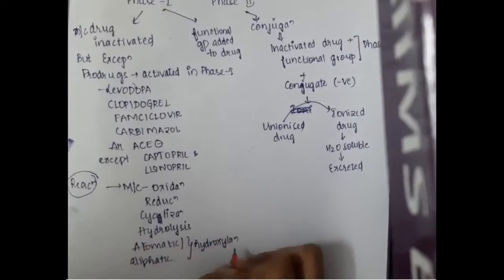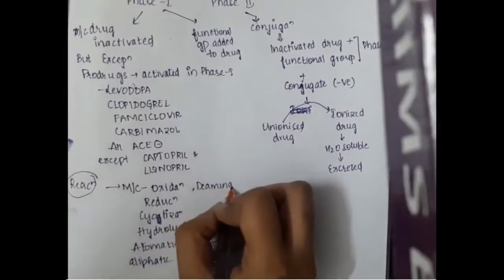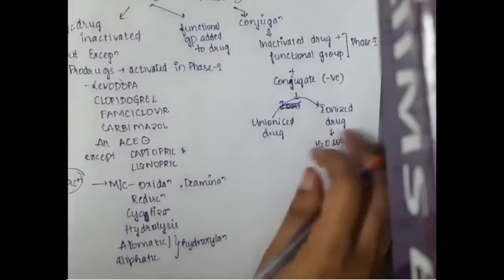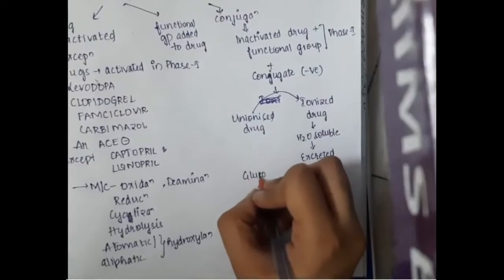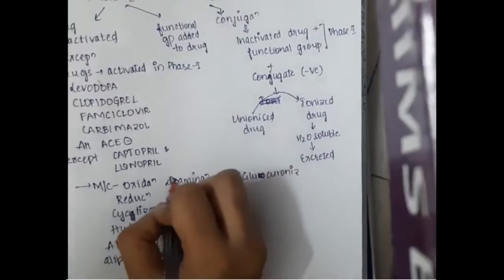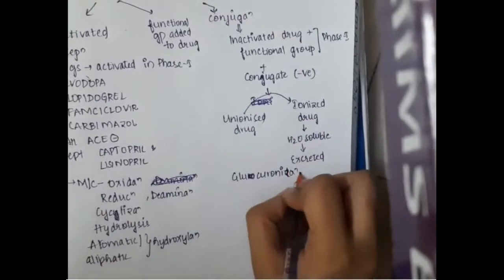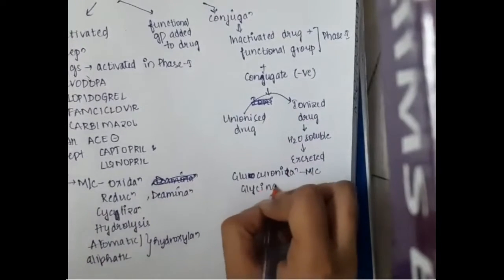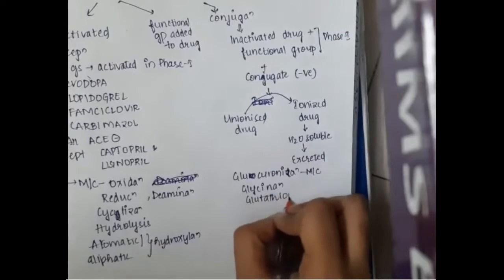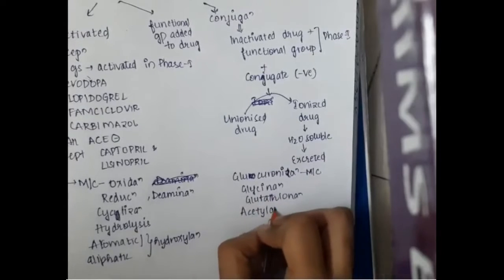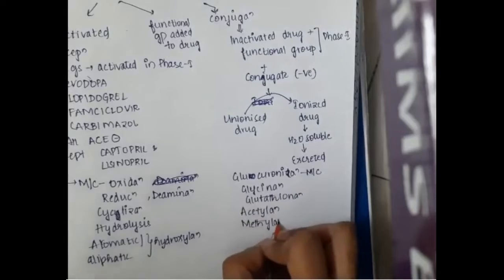All this occurs in phase 1 reactions. Then in phase 2, glucuronidation occurs most commonly, and also glycination, glutathionation, acetylation, methylation and sulfation occur in phase 2 reactions.